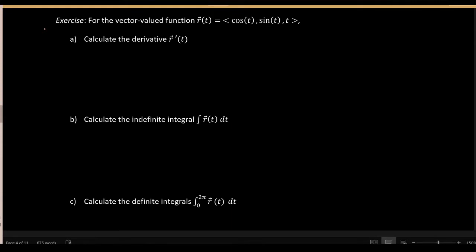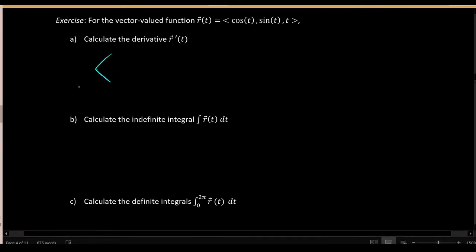For example, let's consider the 3D vector-valued function where r of t is given by cos t in the x component, sine t in the y component, and t in the z component. Somebody asks me for the derivative of this vector-valued function. So I can go in and I can calculate the answer one component at a time. What's the derivative of cosine?